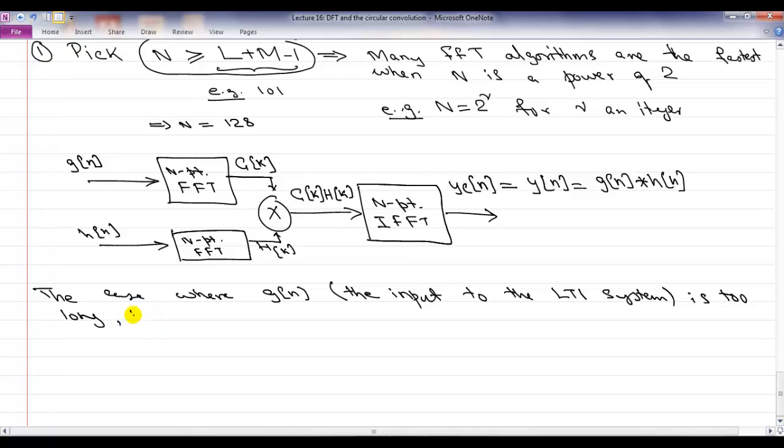It could also be the case that you are acquiring the signal in real time and you don't know what the length of the signal will be. So in both cases, this block diagram should not be used in its exact form. A version of this block diagram still will come into play, and how it will come into play is that we will basically chop up our input signal into small pieces. We will process each of the pieces using this very block diagram.